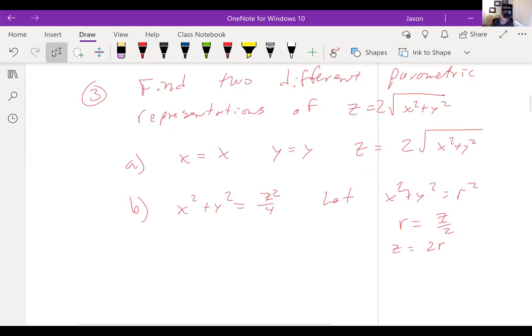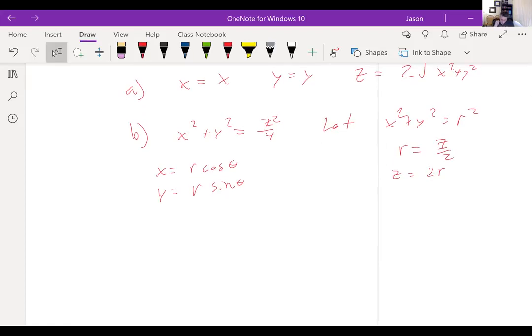So based on this, what would x be? Well, x would be r cosine theta, and y would be equal to r sine theta. Putting that in polar coordinates.